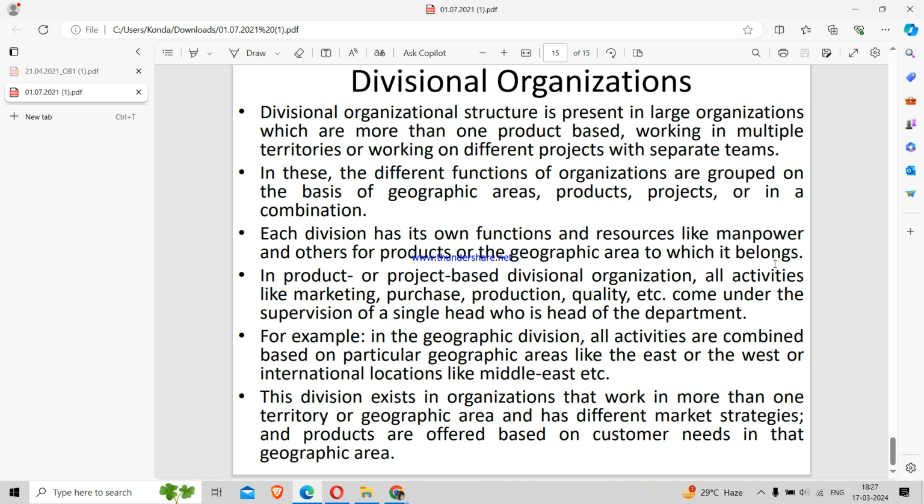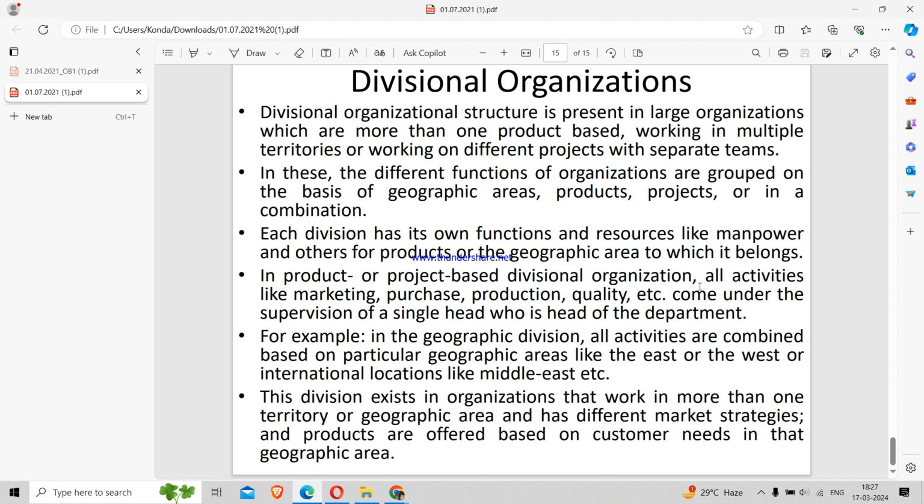So for example, in the geographic division, all activities are combined based on particular geographic areas like the east or the west, or international locations like the Middle East, etc. So it is based on the particular geographic condition in which the company is making the particular product.